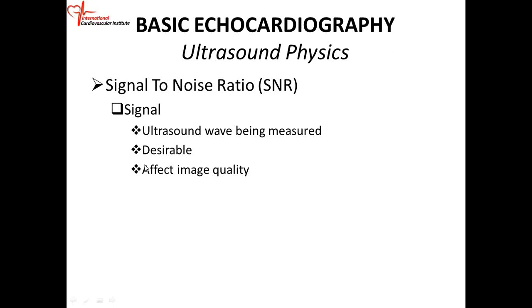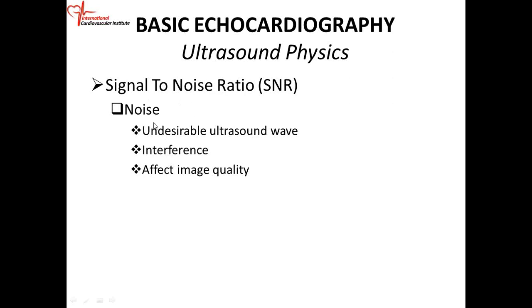And of course it affects the image quality. Okay, you want to have a greater signal to noise ratio. So signal is basically the ultrasound wave that you want, as opposed to the unwanted ultrasound wave, which is the noise. So you want a larger signal to noise ratio.